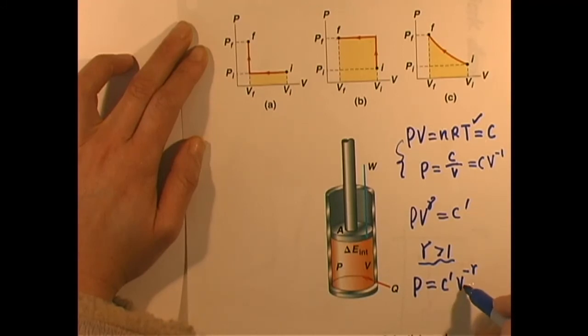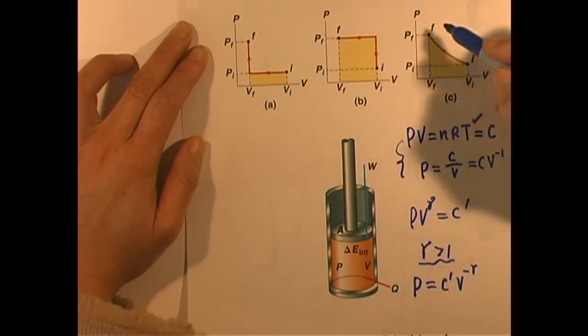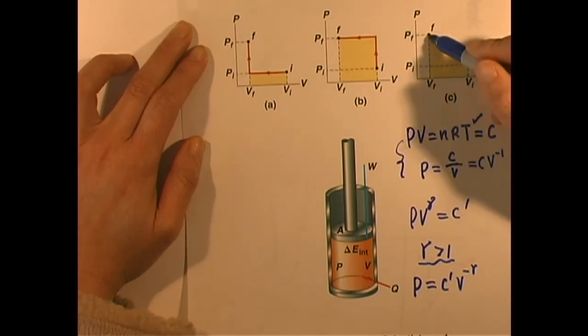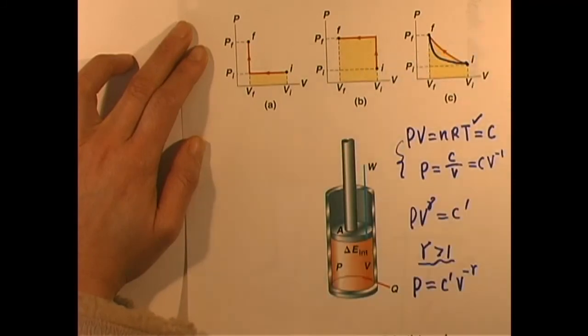So a volume change will cause pressure to respond in a much more dramatic way. So we can imagine if we start from initial to final, if we see something like that, the other one must be adiabatic because it has a steep slope.